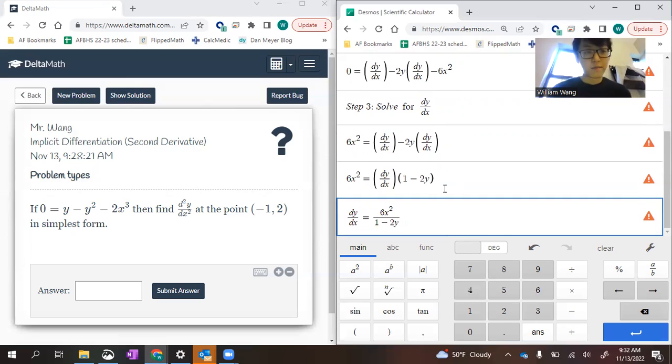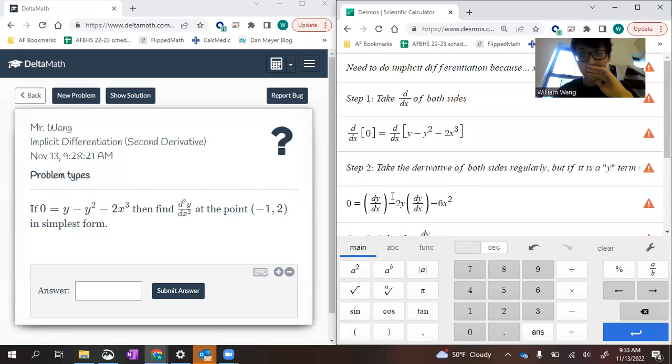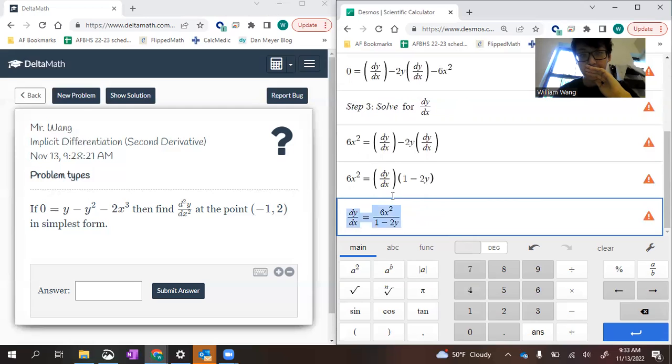Okay, cool. Now, we are not quite done yet for a very specific reason, because they ask us for my second derivative. So actually here, let me pause here. If I stopped here, this would be basically relevant to the other level 1, 2, and 3 of the implicit that we did before, right?